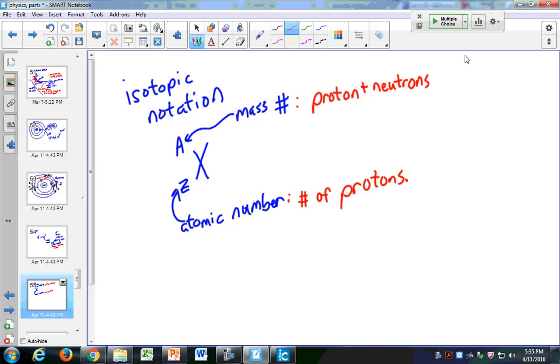Whenever we look at a reaction, we need to conserve these numbers. So if you have a drop in one of these numbers, then you have to have that accounted for in some way. Okay? So the top number, remember, is the bigger number, protons and neutrons. The bottom number is just the atomic number, just the number of protons. They will talk about electrons, but it's not electrons that orbit the nucleus.